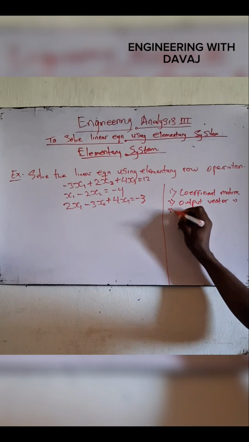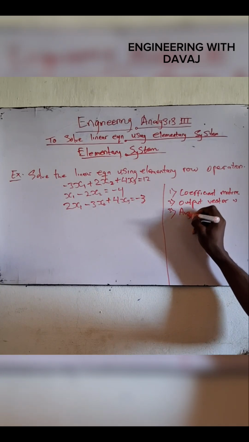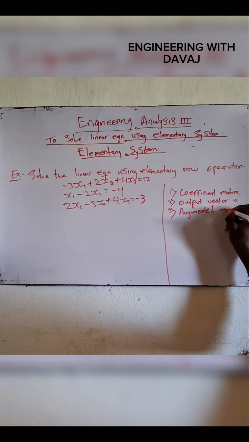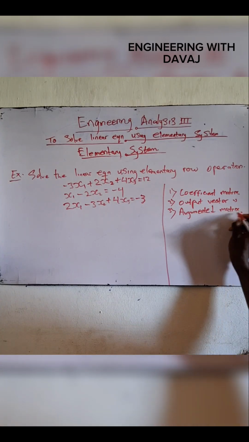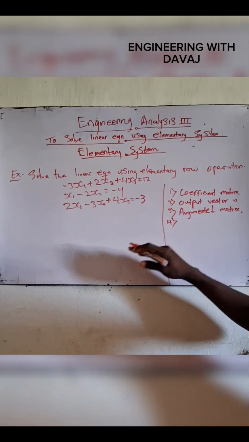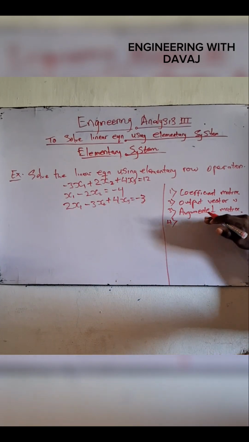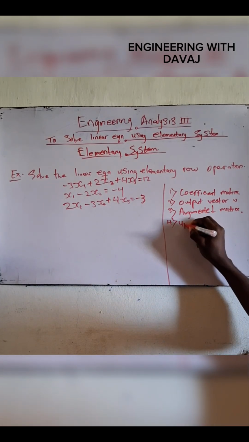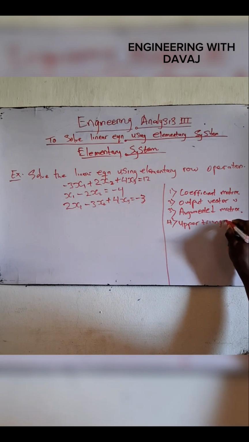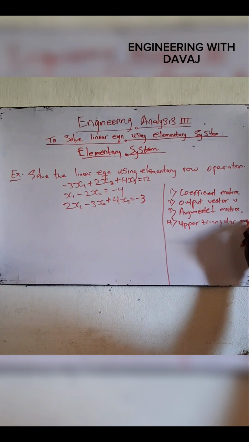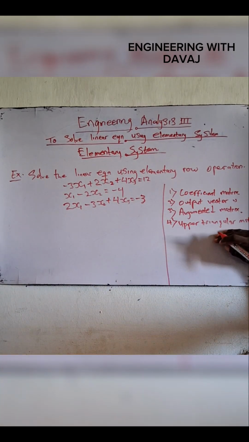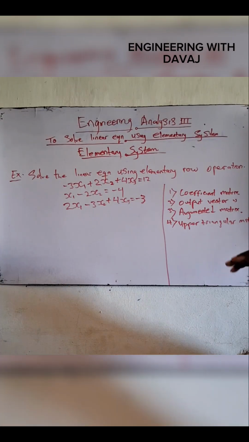The third step is to write the augmented matrix. And the fourth step is to make the augmented matrix an upper triangular matrix. After making it an upper triangular matrix, we are done solving. It's as simple as that.